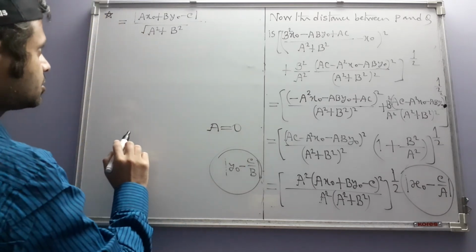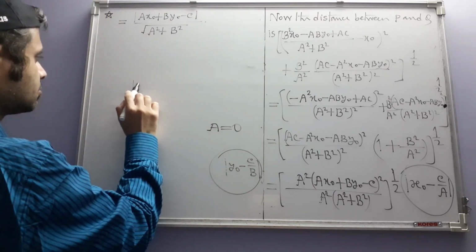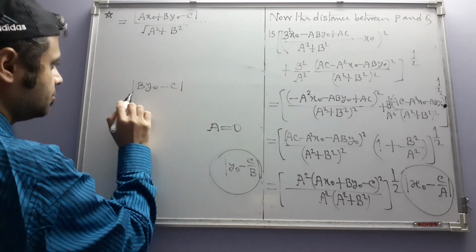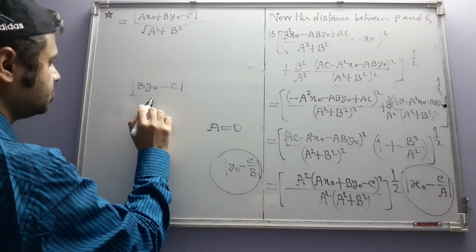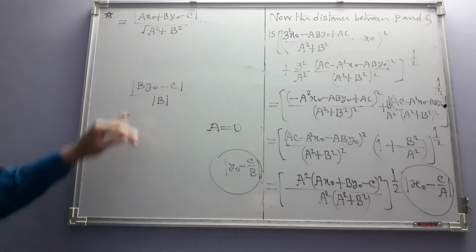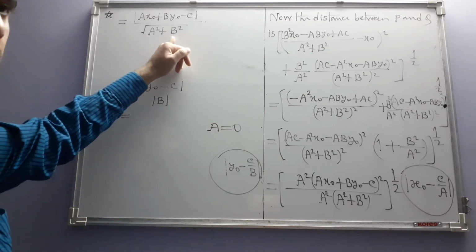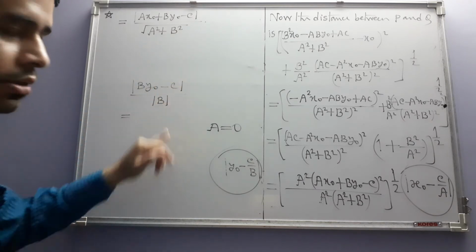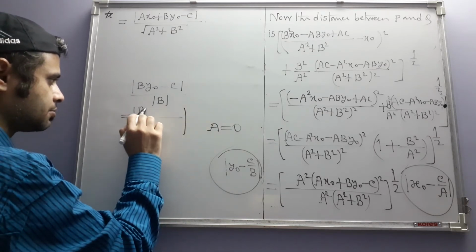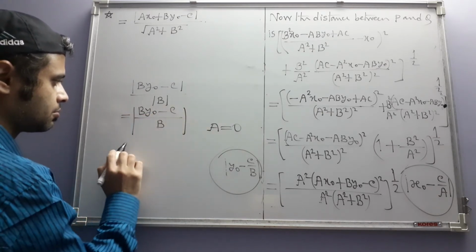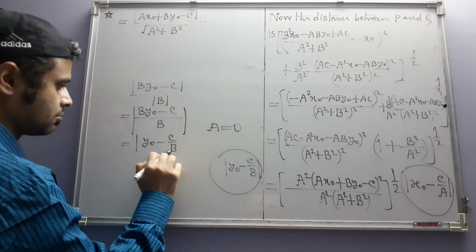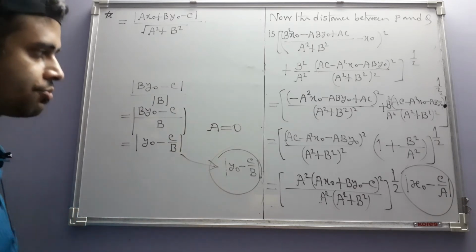So putting a equal to 0, what do we get? The distance becomes b y naught minus c divided by b, because this one vanishes and square root of b square is just the absolute value of b. From the properties of absolute value, this becomes, so yes, we actually get this formula.